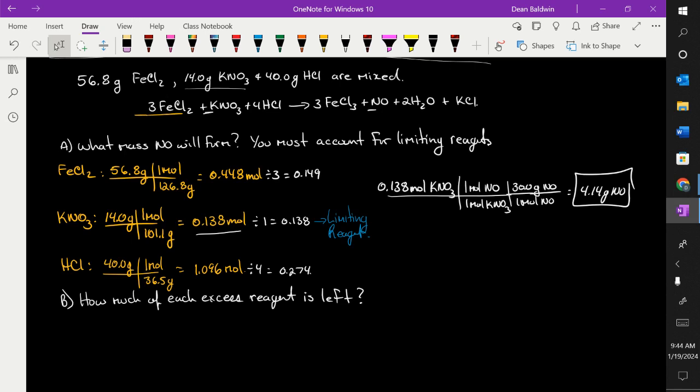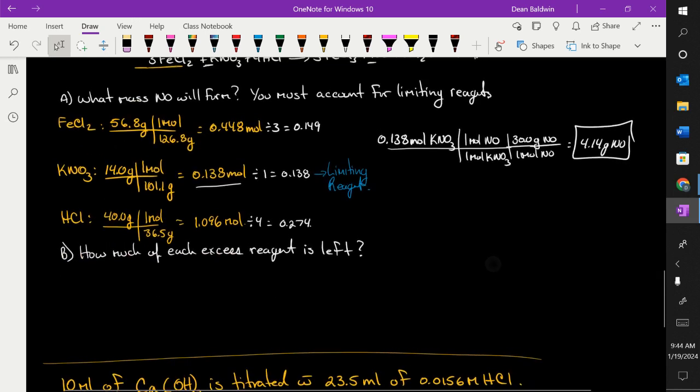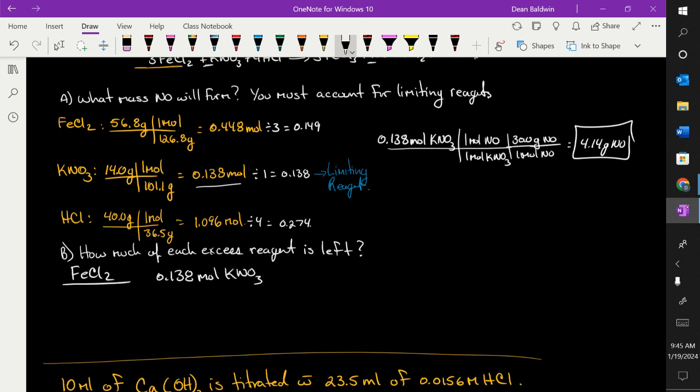What you have to do is you have to say, okay, all of the limiting reagent gets used up, right? So this many moles of potassium nitrate gets used up. So what is the ratio to its other reagents? And then you can figure out how much of those get used up. So we go, all right, iron chloride, we'll look at that one first, FeCl2. We have 0.138 moles of potassium nitrate. That's our limiting reagent.